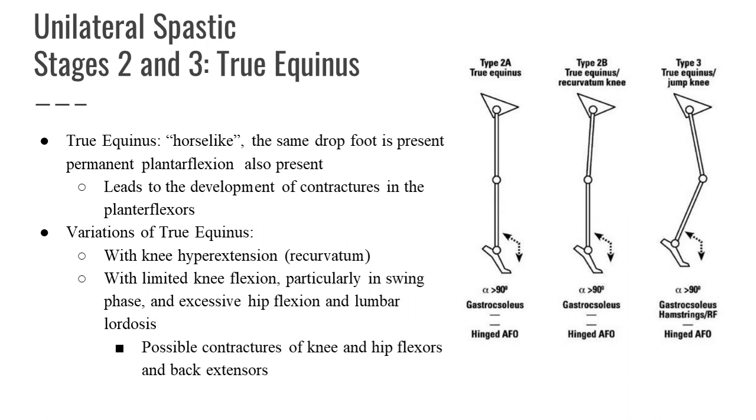Because of this, there are possible contractures at all three of those joints instead of just at the plantar flexors and ankle joint with true equinus. So true equinus with jump knee can also see contractures not only at the ankle but at the knee and hip joints.